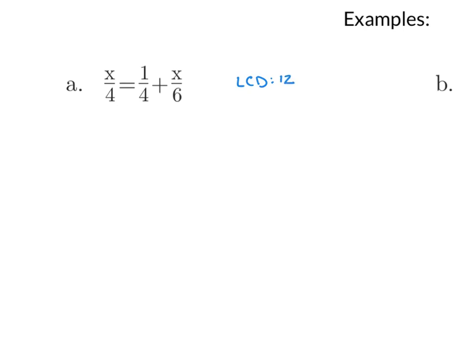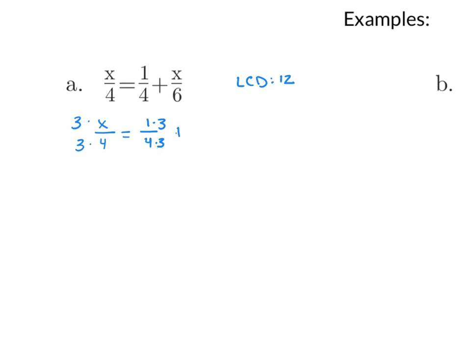So in order to solve this, the first term, in order to get a denominator of 12, we want to multiply by 3. Whatever we do to the bottom, we do to the top. Same thing for 1 over 4. In order to get a denominator of 12, we multiply by 3. We'll do the same thing to the top.